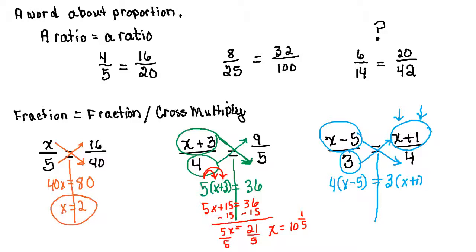Oops, forgot my 1 there. And we're going to have to distribute again before we go and solve. See if you can do it before I can. Don't be afraid to draw your little arrows. 3x plus a 3. Very good.